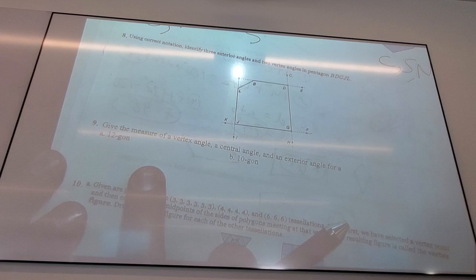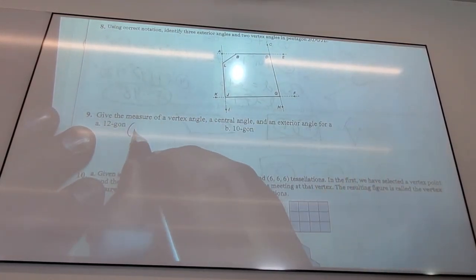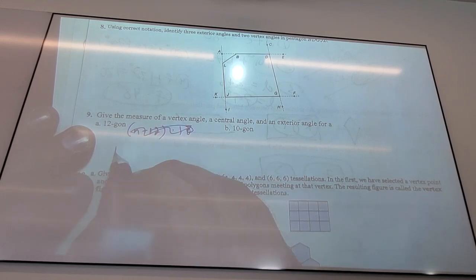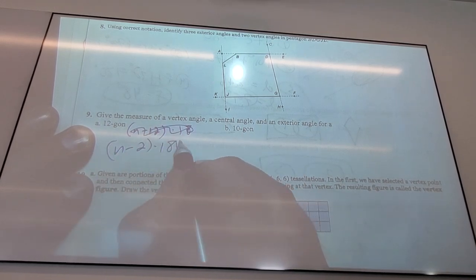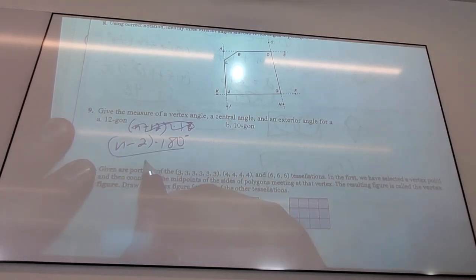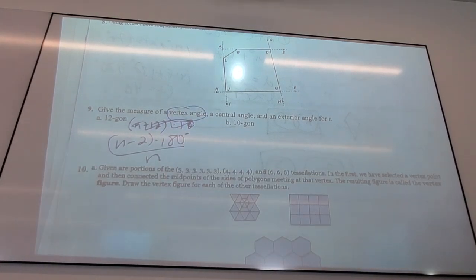Oh yeah, so again, I'm gonna give you these formulas: n minus 2 times 180 is the total of the angles inside. And if I divide that by the number of sides, I get the measure of a vertex angle.